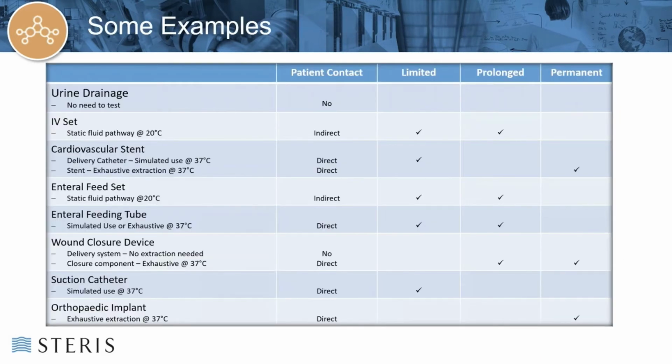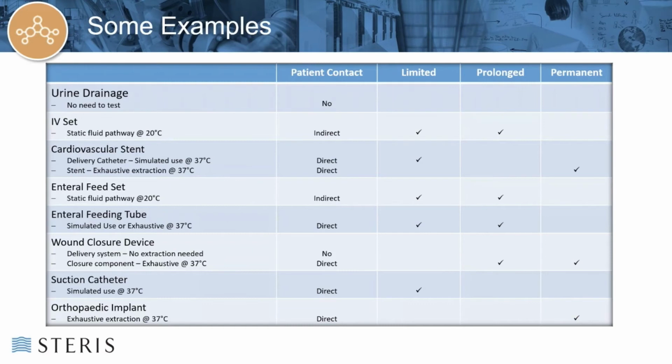Simulated use extractions are a single extraction of a limited patient contact device or portion of a device. This device could be cut up and immersed in water. If appropriate, the device may be tested by extracting the fluid pathway, either by recirculating water through the fluid path or by extracting it by filling the fluid path with water and extracting it in a static condition.